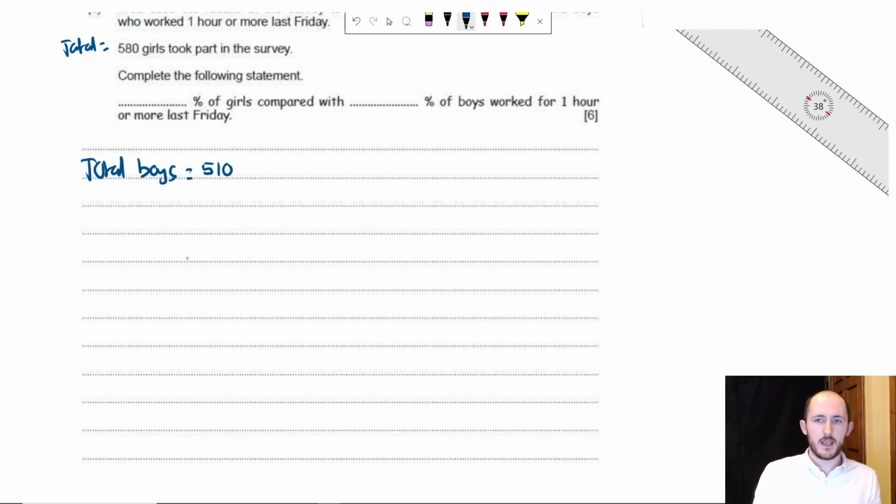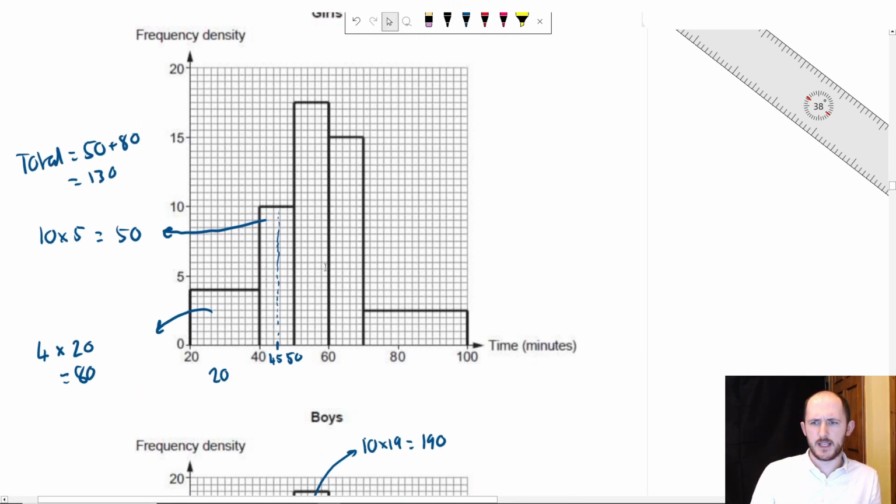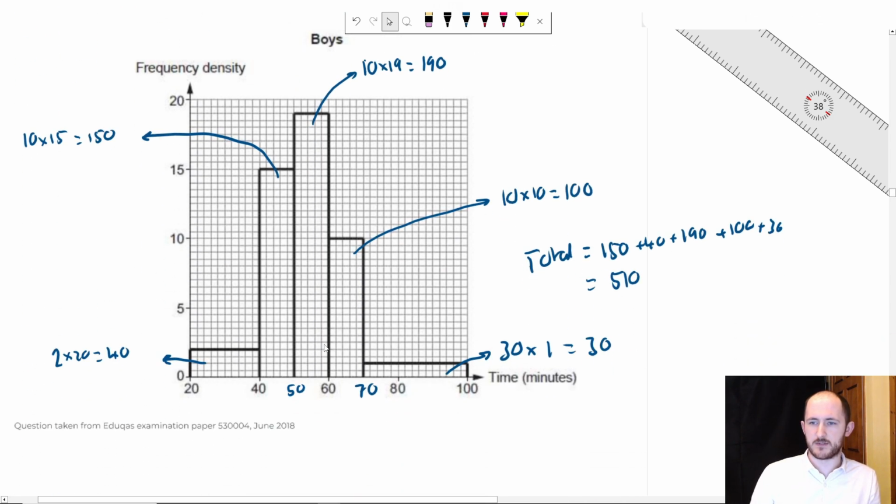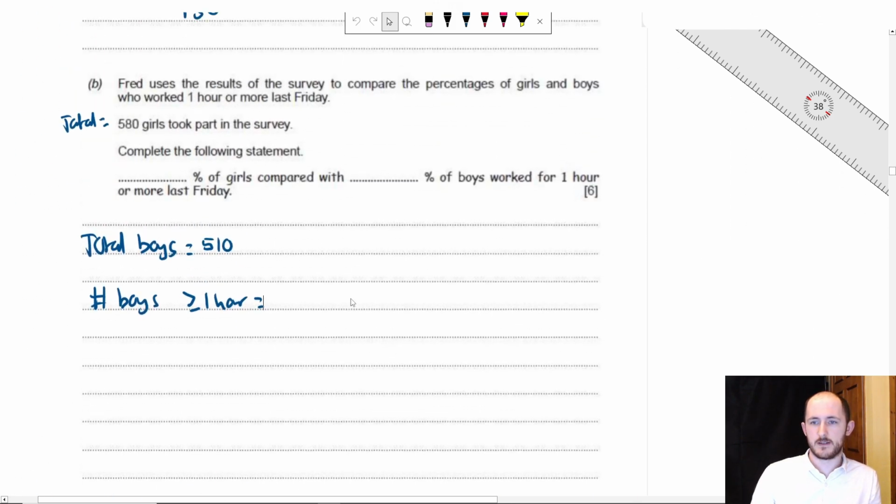Now we want to work out the number of boys who worked 1 hour or more. This should be quite easy because we've actually already done the legwork for this. If we look at 1 hour or more, that's 60 minutes or above. So we're doing 100 plus 30, so 130 boys.